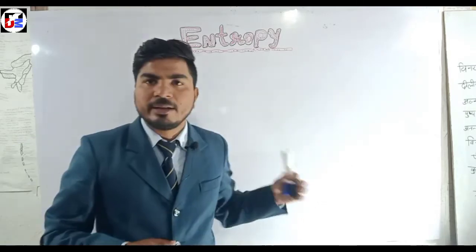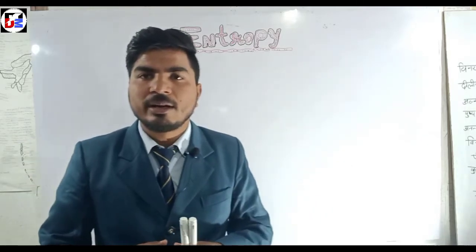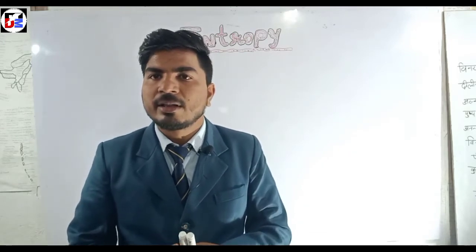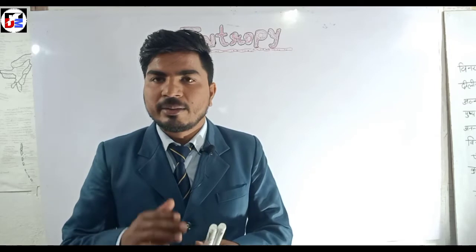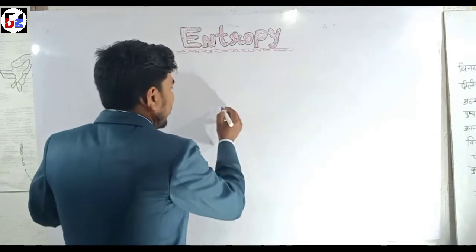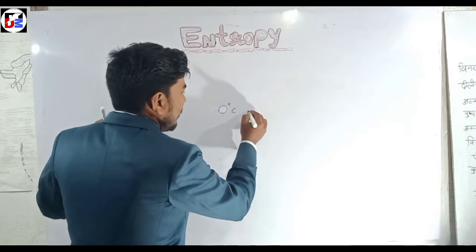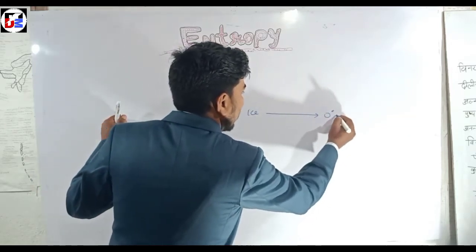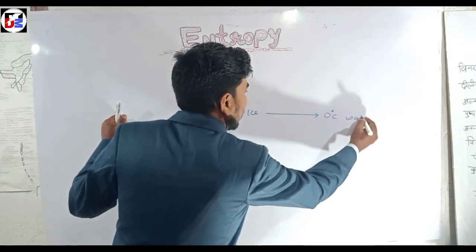Okay. In this case, we also take another example, that is phase transformation. Phase transformation takes place only at fixed temperature and fixed pressure, because here you can see 0 degrees Celsius ice is converted into 0 degrees Celsius water.